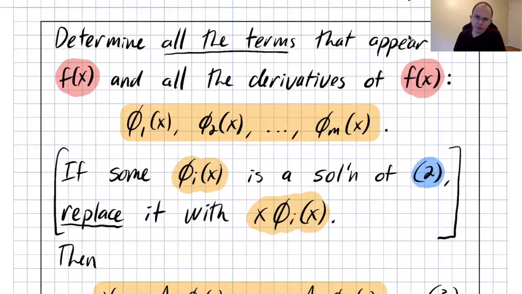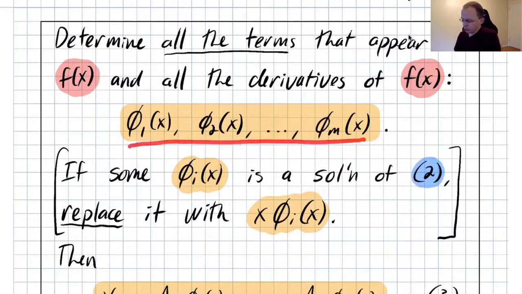I'll do some examples of this, but for now, I'm just imagining that we have a complete list of all the terms that appear in f of x and in its derivatives. In particular, what we're looking for is a set of linearly independent functions here. We'll do a lot of examples of this, so you'll see.